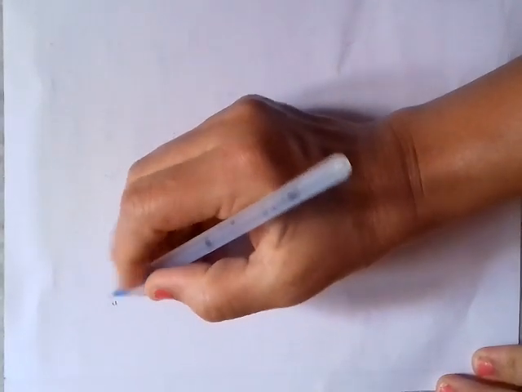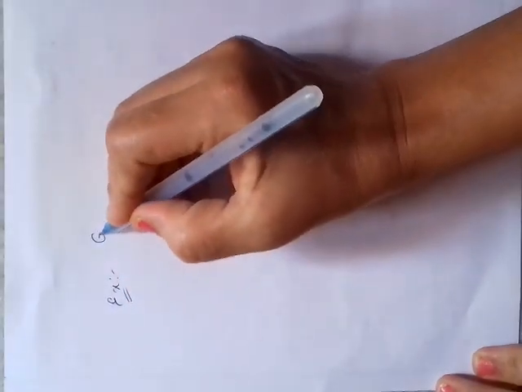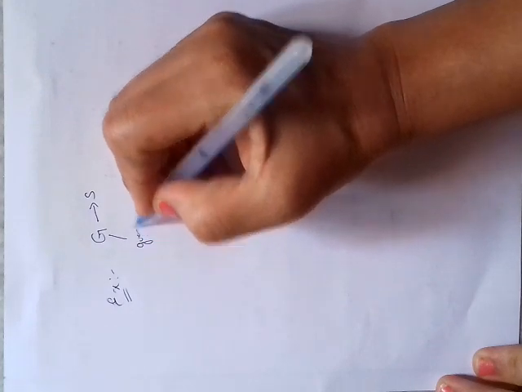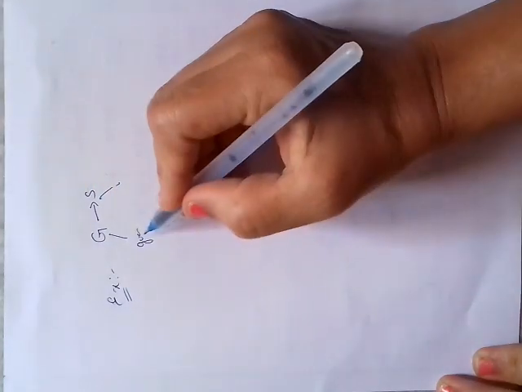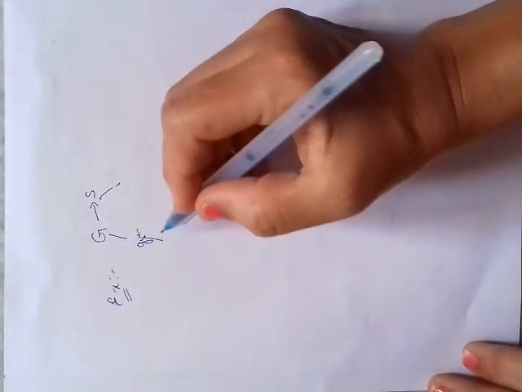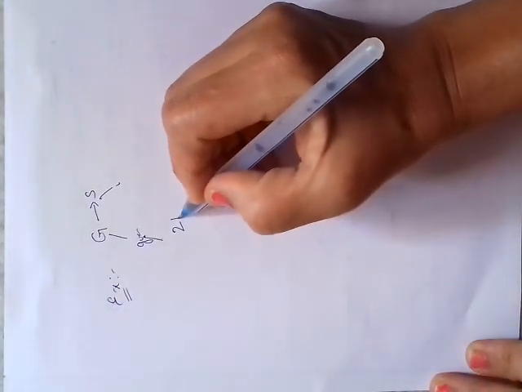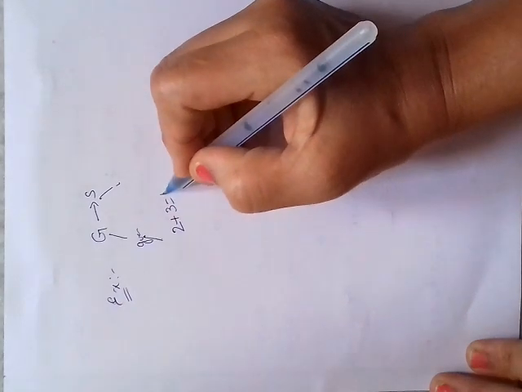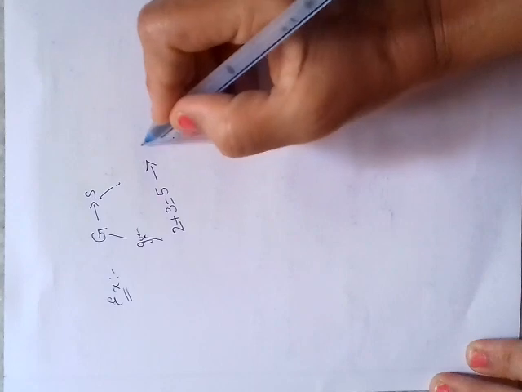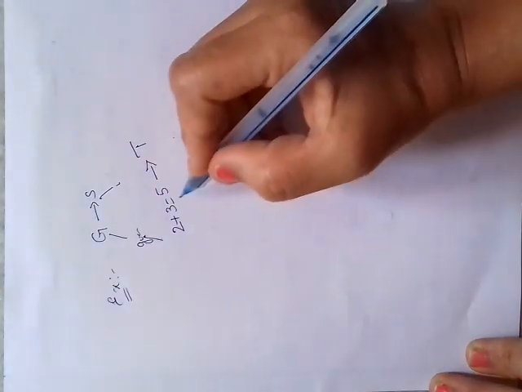For example, guarded command G implies S, where G is a guard and S is a statement. A guard is a proposition. So let's see the example. If 2 plus 3 equal to 5, then the value is true.